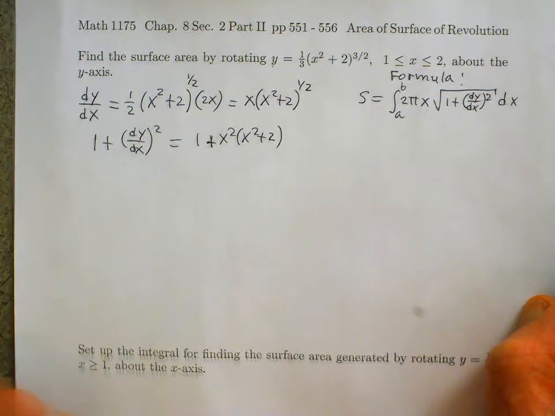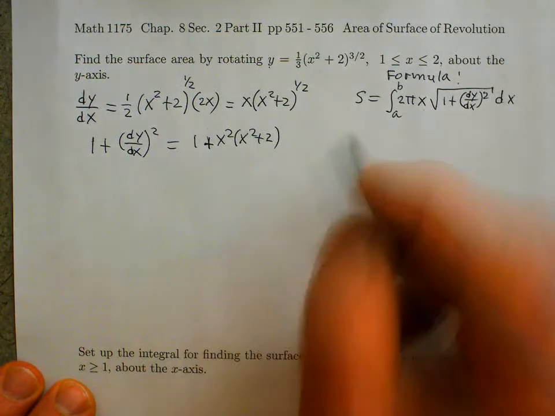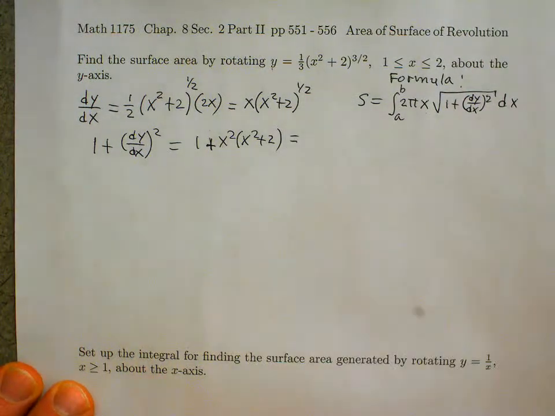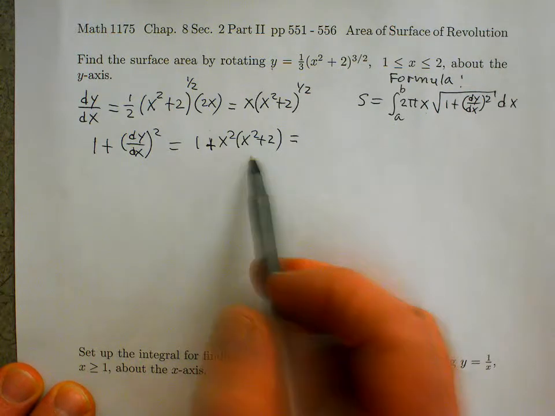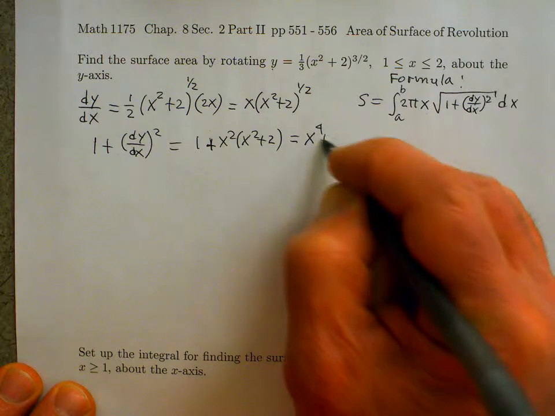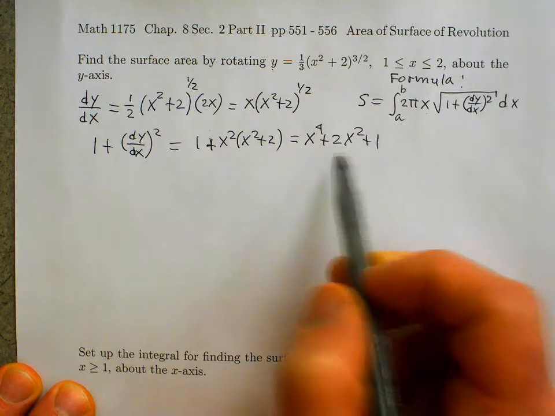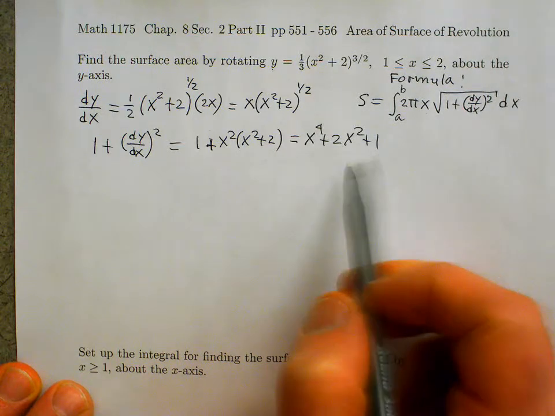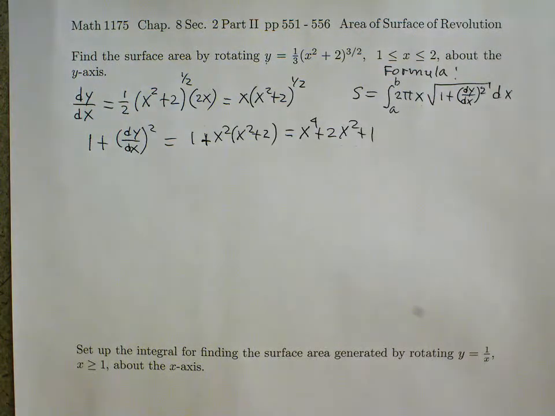Since what we're looking at is going to work out pretty nicely, let's go ahead and simplify this by multiplying. So we get x to the fourth plus 2x squared plus 1. This is what's going to go inside the square root in the surface area formula.